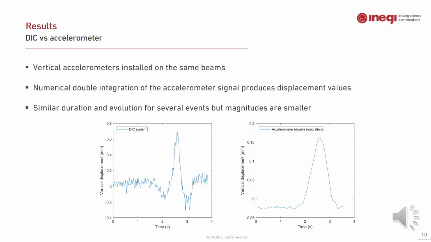So the shape of this curve is always similar between the DIC and the double integration of the accelerometer, but the magnitudes are mismatching. We suspect this may have to do with some loss of data quality due to the numerical double integration, but we cannot be completely certain.